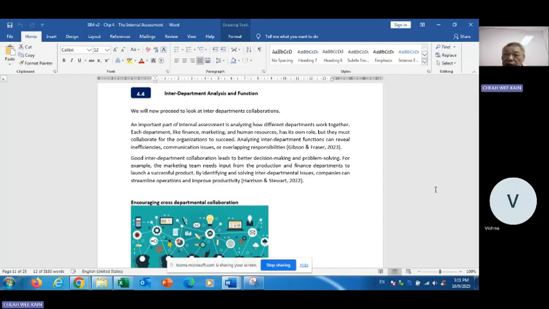Okay, having said that, you may still have some departments, and therefore you need to analyze them, because sometimes they have conflict. For example, the purchasing department buys very cheap raw material because they want to save money for the company.